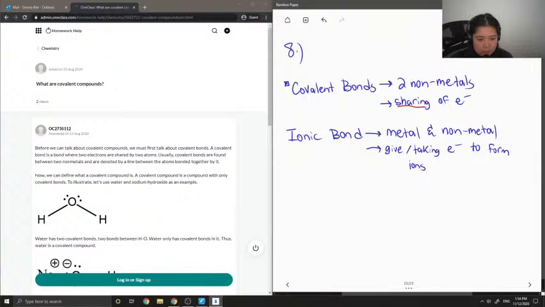So ions are just atoms that have a charge. So for example, it's like sodium plus or chlorine minus. An ionic bond between the two is NaCl.